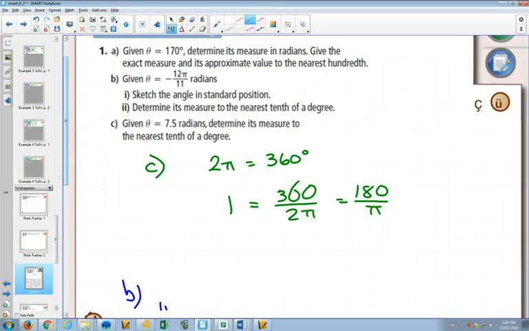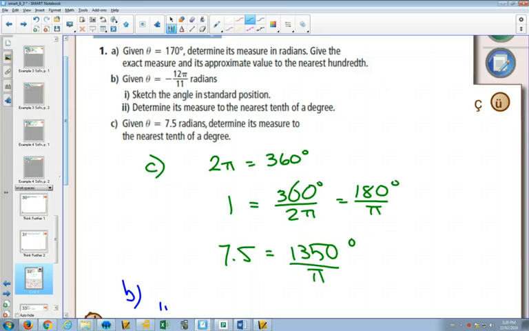Multiply both sides by 7.5. 7.5 times 180 is 1350 degrees.